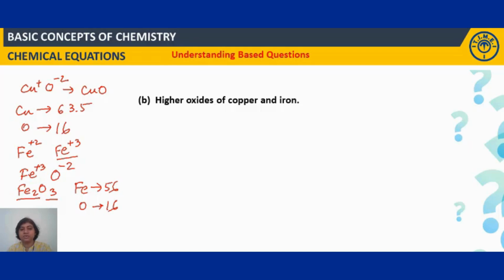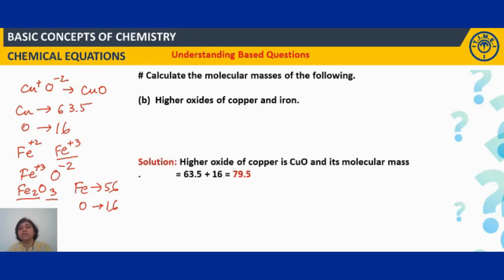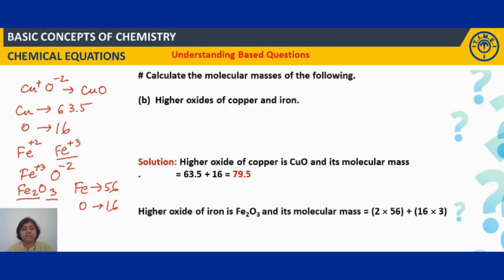Then you can find out the molecular mass. Let's check the solution. Higher oxide of copper is CuO and its molecular mass is 63.5 plus 16, that is 79.5, and higher oxide of iron is Fe2O3, its molecular mass is 160.